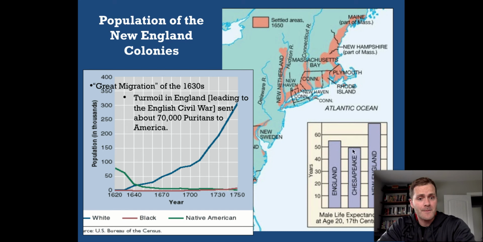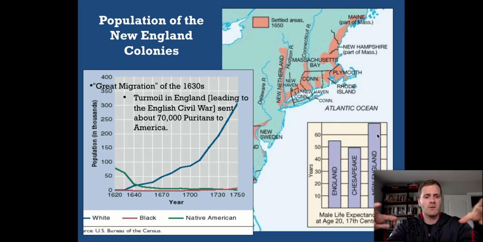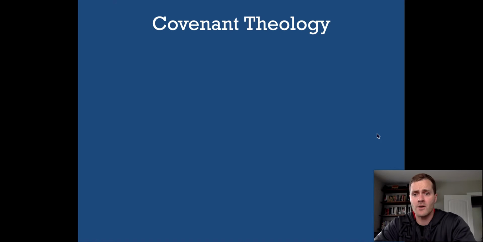New England's unique in that people are living to be about 65 years old for a variety of reasons. Reason one, this attempt to create community and togetherness. Reason two, this emphasis on the common good. And reason three, people are much more closely interconnected via the church. So people are looking out for each other, and then people are going to live longer.